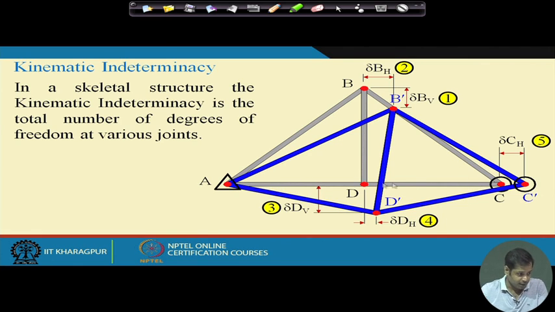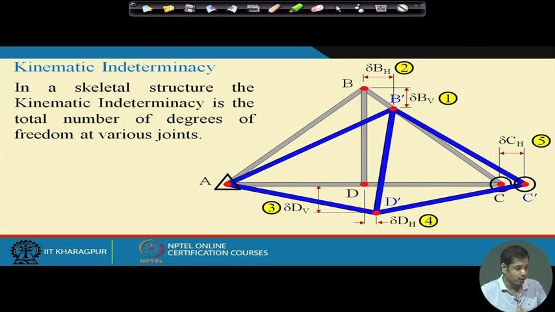So, in this structure, if you see only the joints, then the total degrees of freedom at various joints are total 5. At this point B, we have 2 degrees of freedom. At point D, we have 2 degrees of freedom. At point C, we have just 1 degree of freedom. At point A, there is no degrees of freedom, because joint A cannot go anywhere.